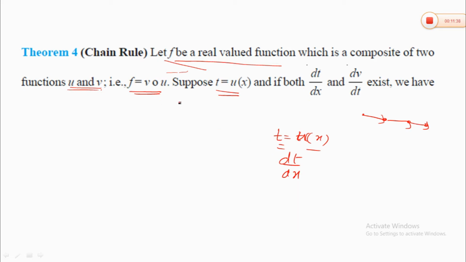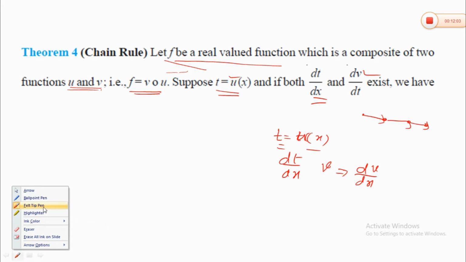Since there are only two functions, the derivative of v is dv by dt.